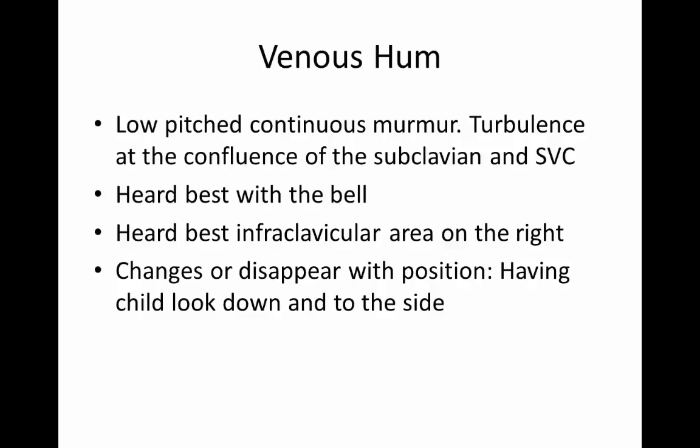It's heard best on the right side in the infraclavicular area, where exactly the right atrium is located. Turning the child's neck, placing the child supine, and compressing the jugular vein obliterates the venous hum because you're obliterating venous return and preload. It's caused basically by turbulence at the confluence of the subclavian and the jugular vein.